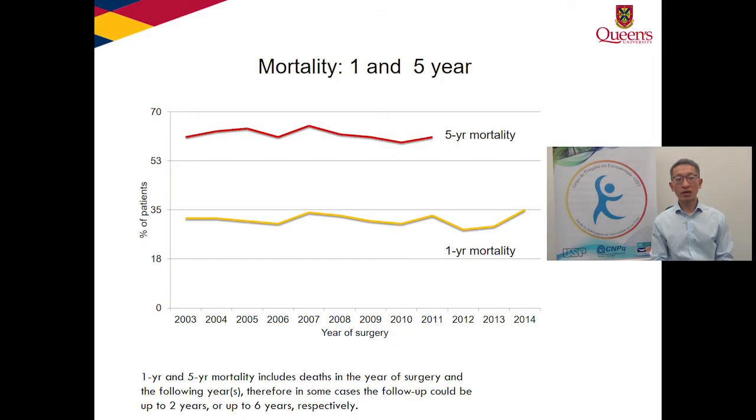And from our study, using a database through the Institute of Clinical Evaluation Science, with 200,000 individuals in that database, the mortality within one year post-amputation could be as high as around 30 to 35%. In five years, the mortality rises to about 60%. So it's a very deadly, very high mortality disease condition.